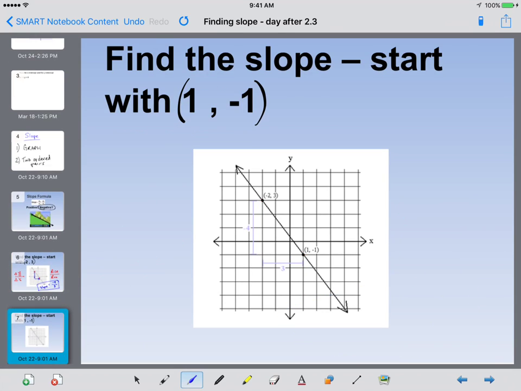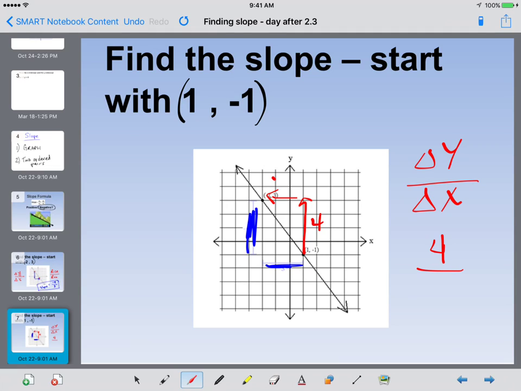What if we started at (1, -1)? Ignore these numbers. We had started at (-2, 3). Ignore those numbers for the time being. So what if we started there? Remember, slope is change in y over the change in x. So if we started at (1, -1), we would go up 4. So that would be 4 on the top.